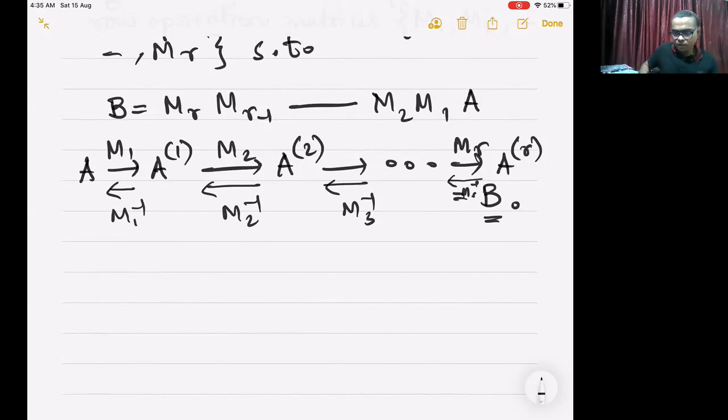Okay. Now, what do we do once we have row equivalence? This is where the definition of easy to solve comes into the picture, right?